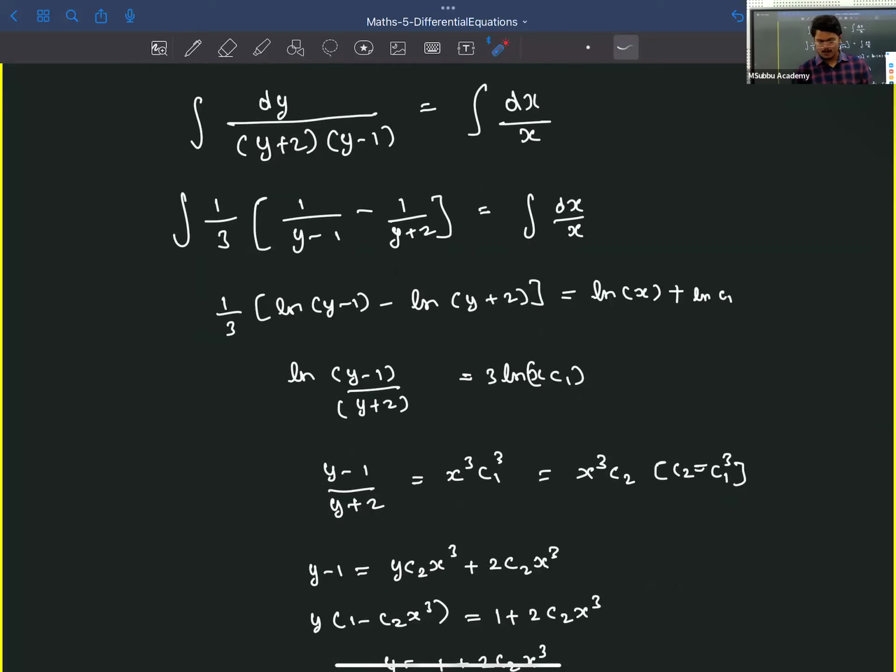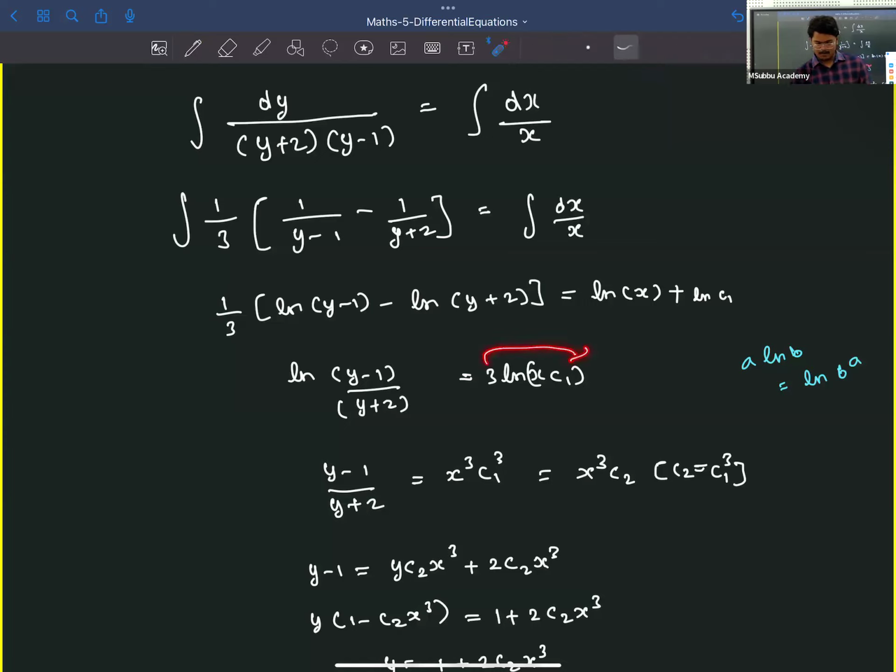Okay, so now what we can write is: a ln b can be written as ln of b power a. So that is what we have written here.